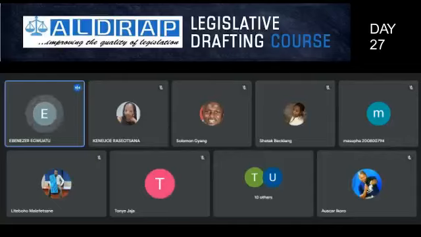So the person should not just be a lawyer, the person should be a medical lawyer. The person should not just be a lawyer of 3, 4, 5 years, but a minimum of 10 years experience. Now, you see how specific the drafting is. Why? So that the issue of ambiguity will not arise.